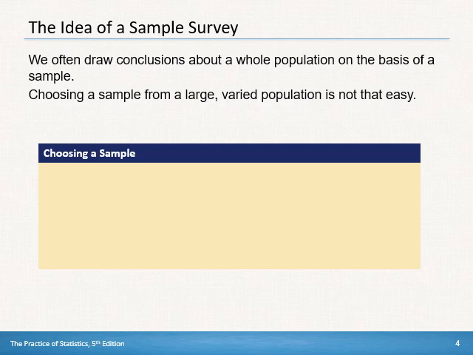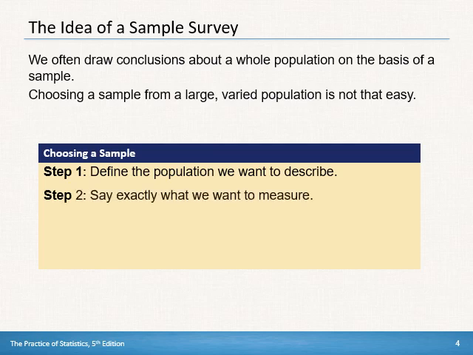All right. We'll often draw conclusions about an entire population based on what we get from the sample, like that example I just talked about. So we want to, first of all, make sure that we know what the population is. So we have to define what the population is that we're talking about.